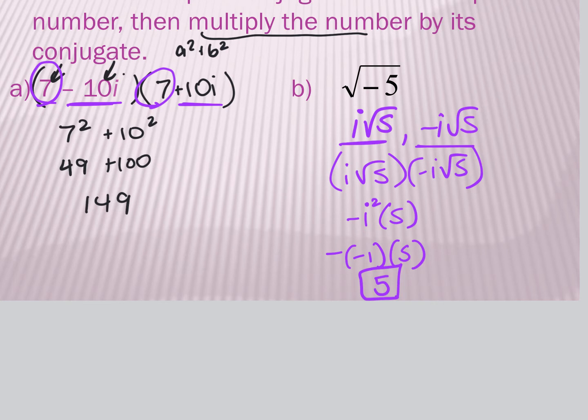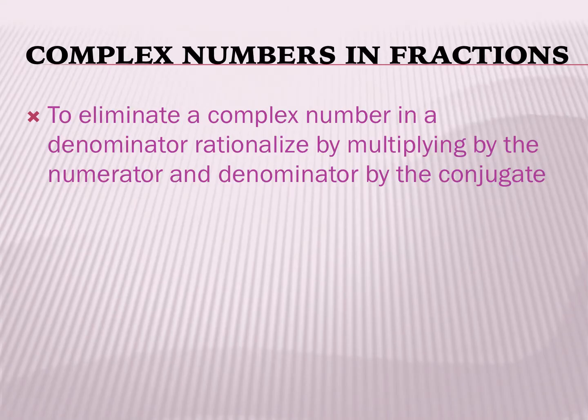And the reason we're doing this is when we start to put them in fractions. To eliminate a complex number in a denominator, we rationalize. The difference is we're not rationalizing with a square root anymore. We're rationalizing with the conjugate, okay? So if I had 5 over square root 2, I can't leave the square root in the denominator, right?